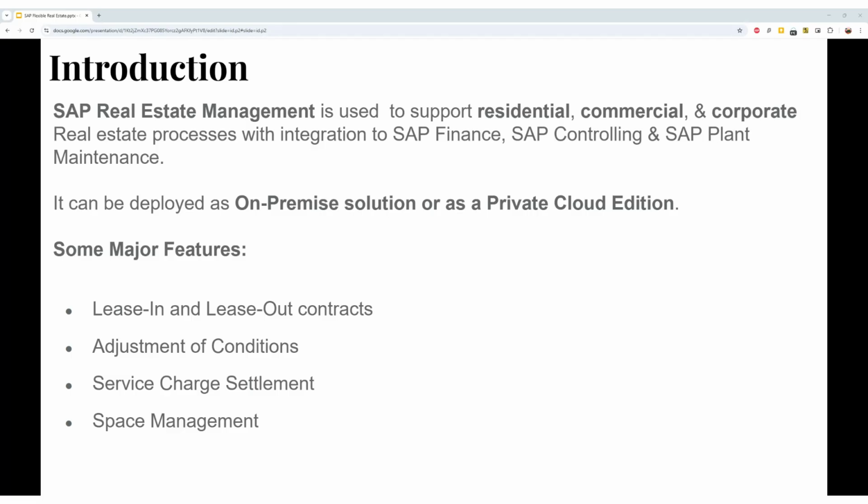Maybe I have joined two units to make a bigger unit, and the rent will be increased accordingly. So these conditions of rent can be determined by the size of the property, and also by the fixtures available in the properties, like whether there is floor heating or air conditioning provided in the unit. We will talk about all this when we go deeper into the adjustment of conditions.